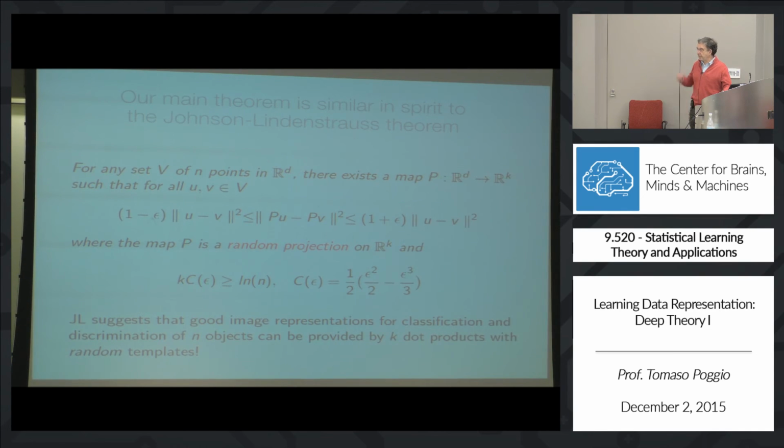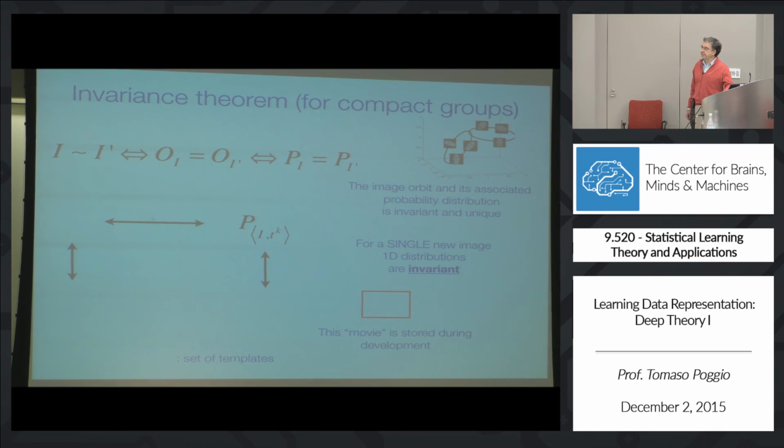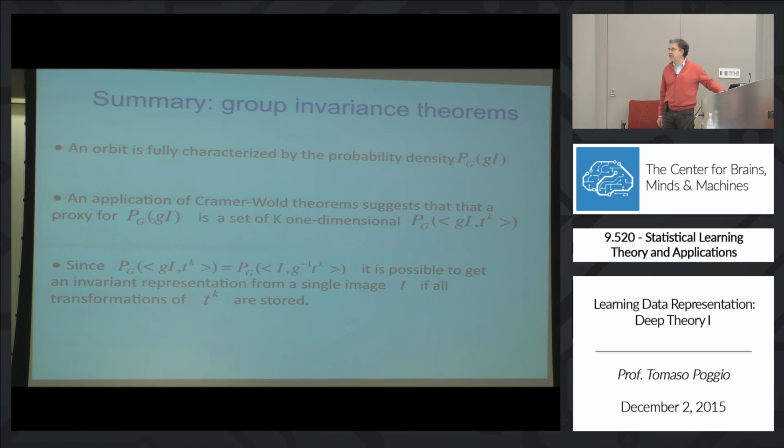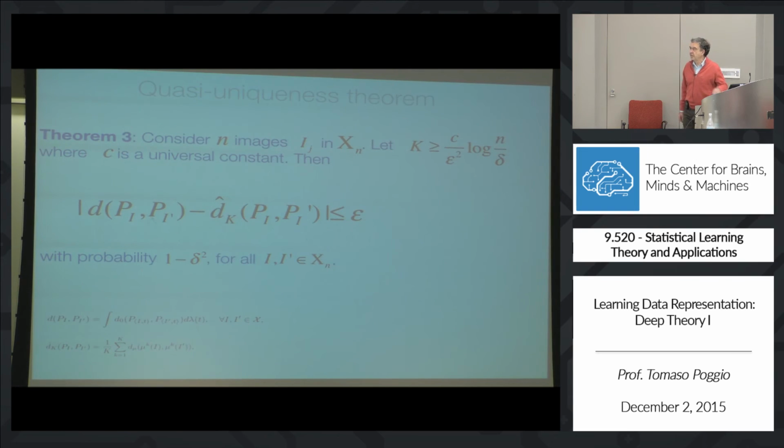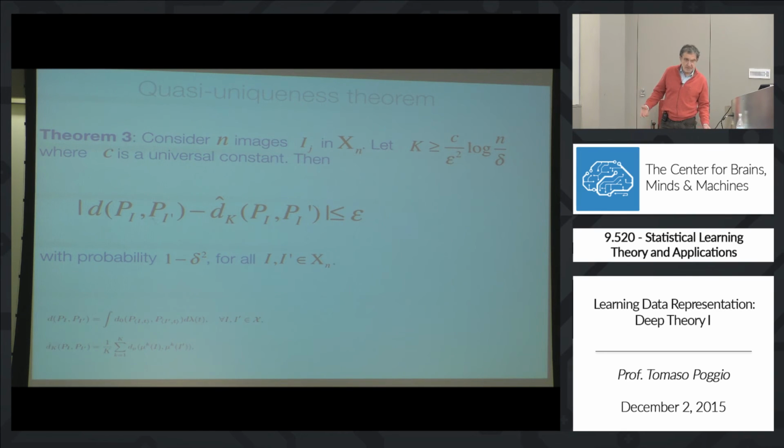Okay, so one way to prove this, which is not the way we proved it, there are papers, by the way, if any one of you is interested, which are on our website.